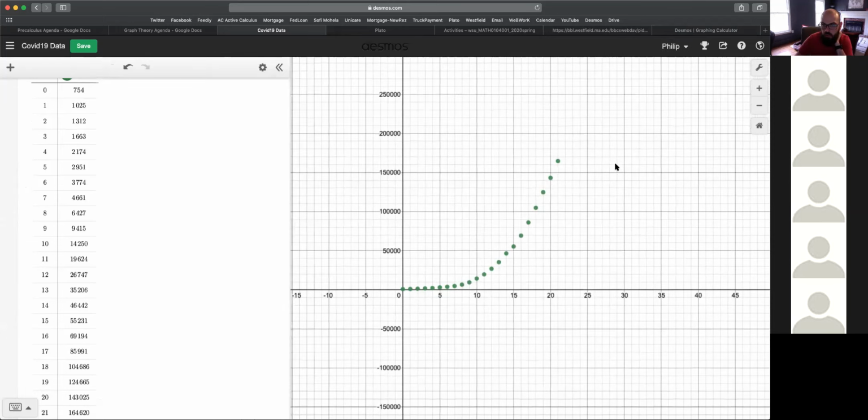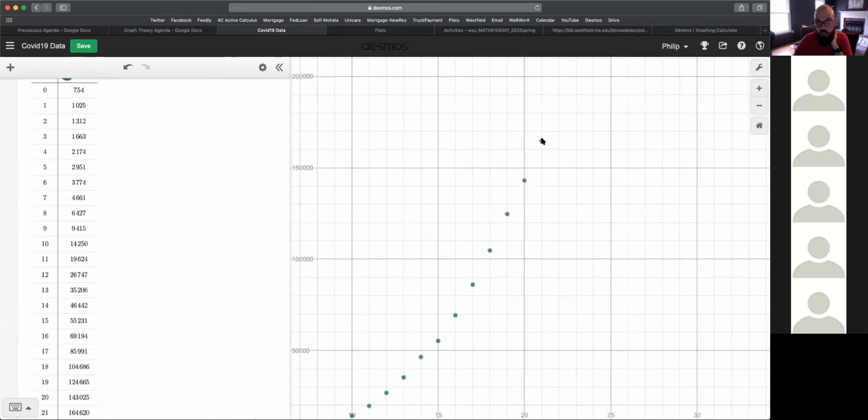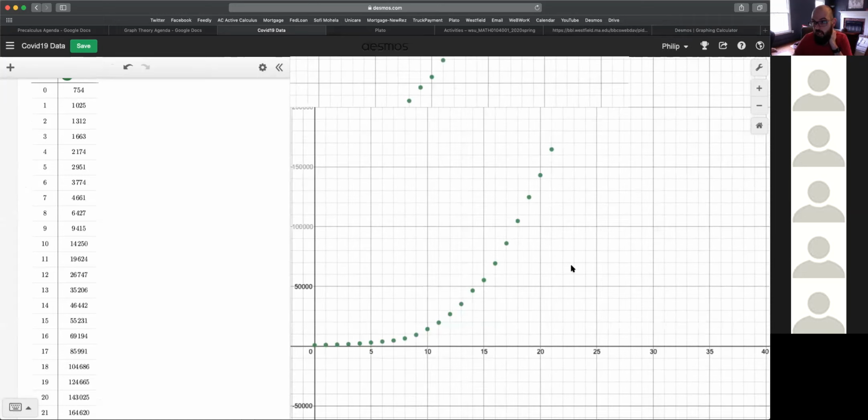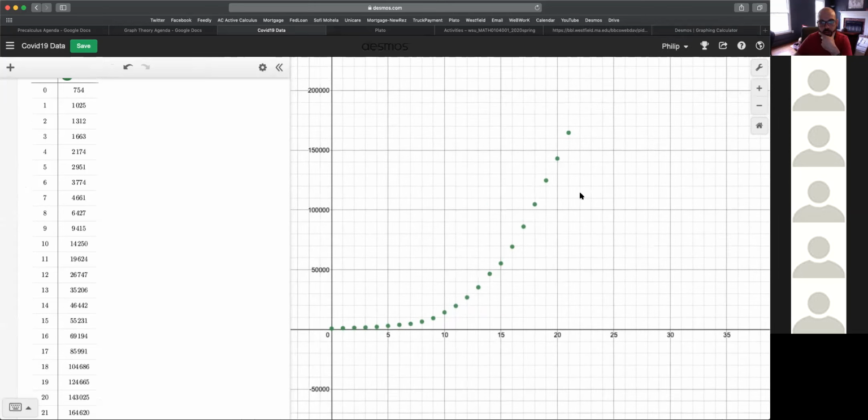What we would like to do is predict how many cases there are going to be tomorrow. This is 21, so tomorrow would be 22 days after March 10th, which would be April 1st. We're going to try to figure out where we would expect the next data point to be.